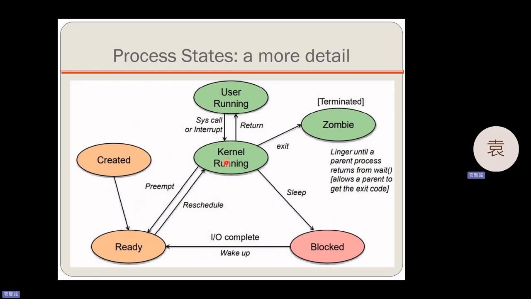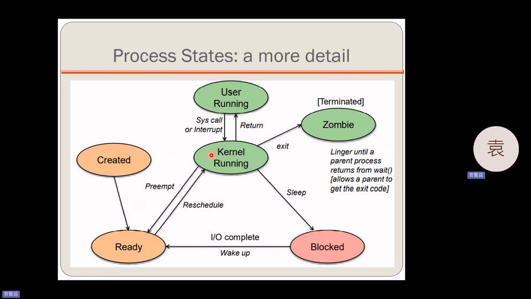This is a timer interrupt. The CPU changes to kernel mode, and inside this kernel mode, on the timer interrupt, the operating system finds out that the running process has used up its CPU time. Then we need to preempt this process.